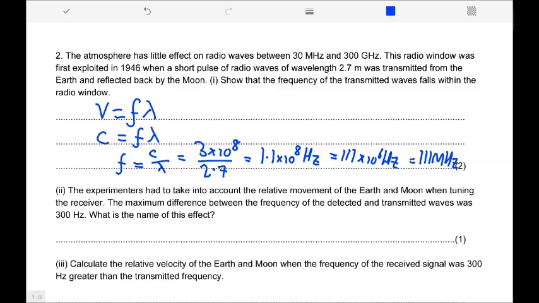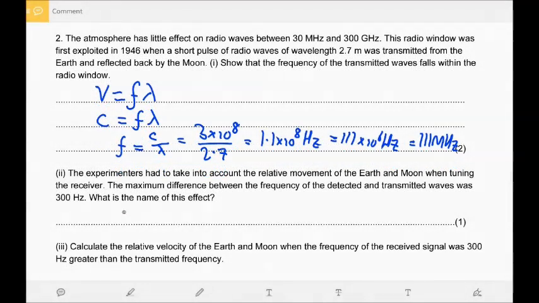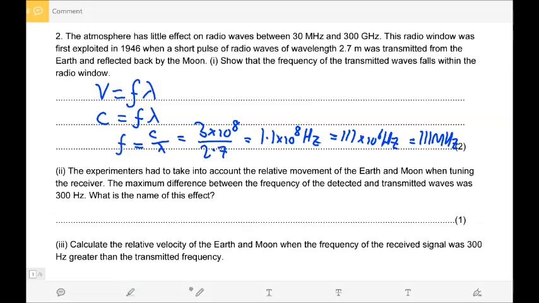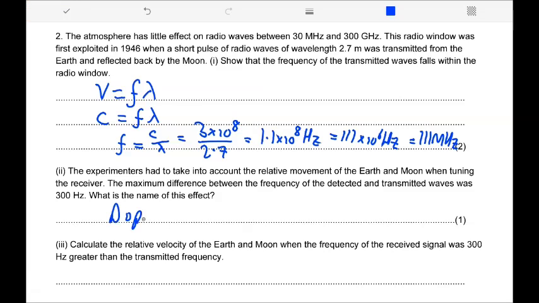So this photon is a radio wave. Part 2, this effect is called the Doppler effect. Not a redshifting or blueshifting, but the Doppler effect, because the Doppler effect covers both of them.